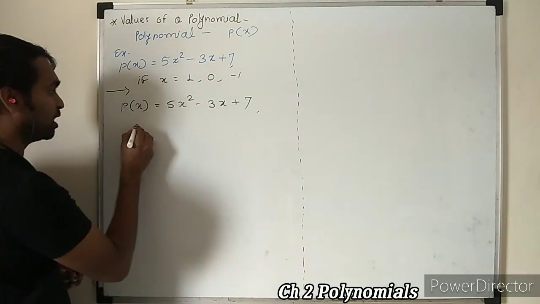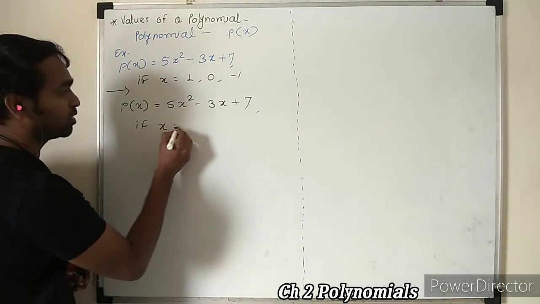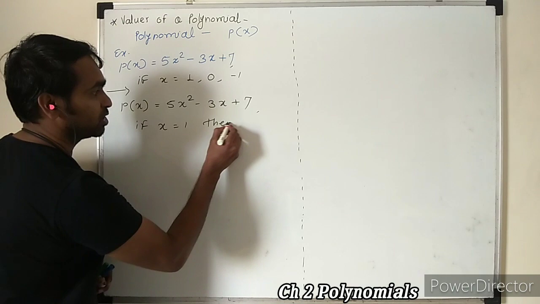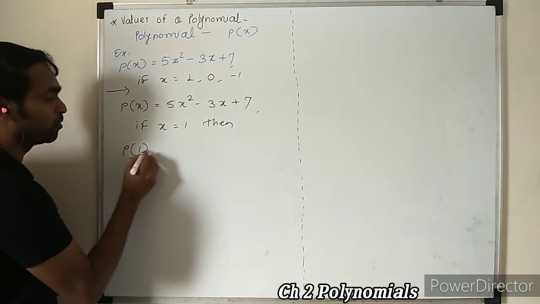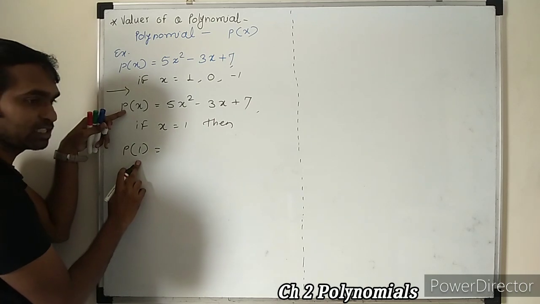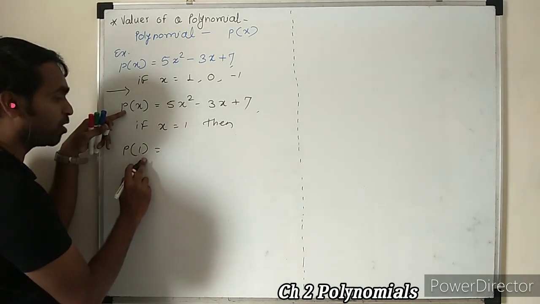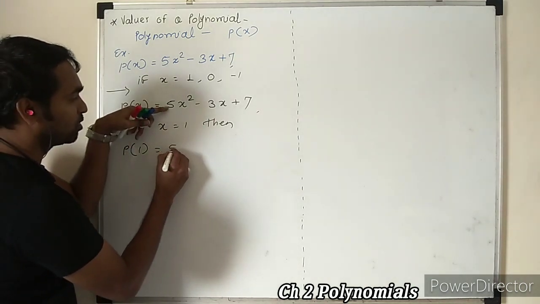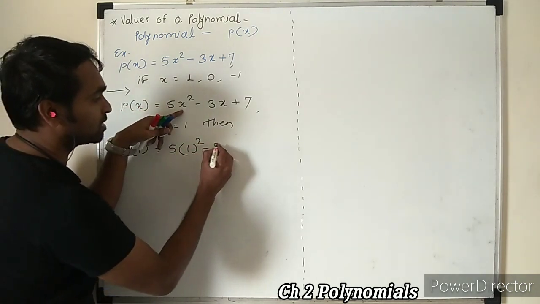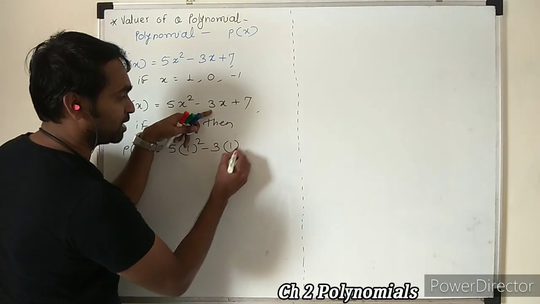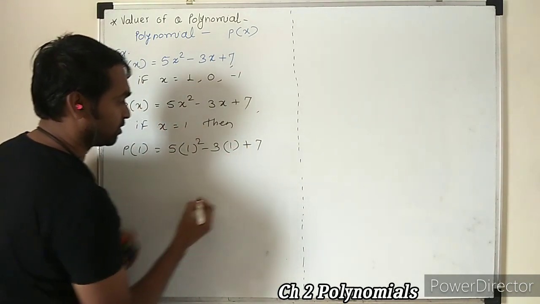Here the first value: if x is equal to 1, then p of 1. Put the value x is equal to 1. So p of 1 is equal to 5 into 1 square, that is x square, minus 3 multiply x, means 3 multiply 1, plus 7.